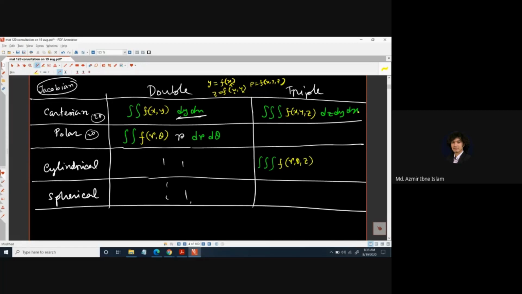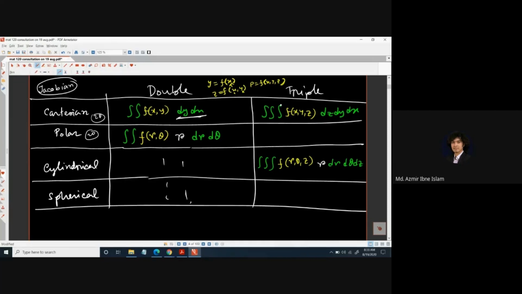Dz dy dx will obviously be dr d theta dz, just like the polar coordinate system. But remember, there will be one extra part, that is r. It is called the Jacobian. So dz dy dx will be converted to r dr d theta dz.